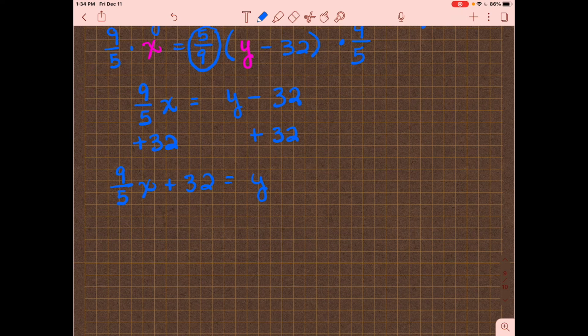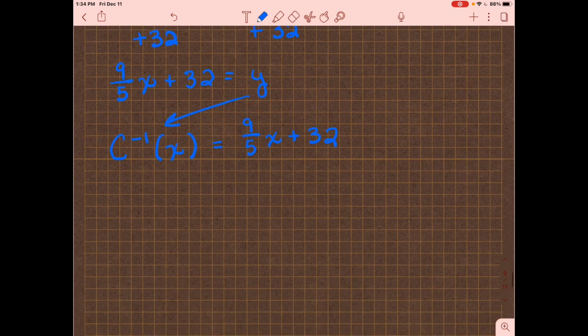And so I'm going to rewrite this, and I'm going to call this the inverse function of c equals 9/5 x plus 32.